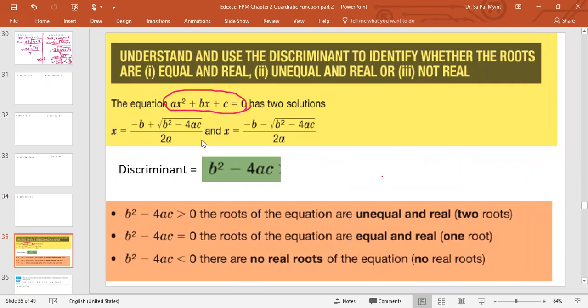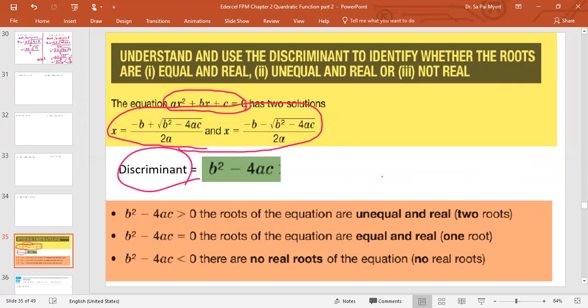What do you get? x equals minus b plus or minus the square root of b² minus 4ac, over 2a. Inside the square root is b² minus 4ac. This b² minus 4ac is called the discriminant.